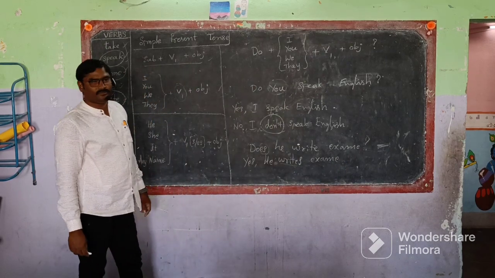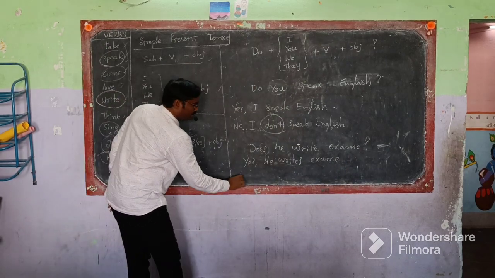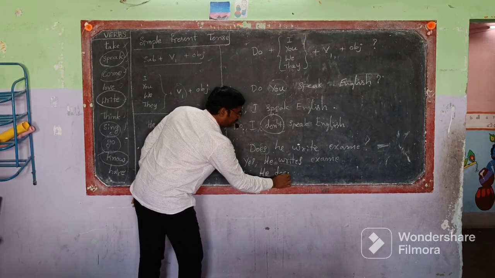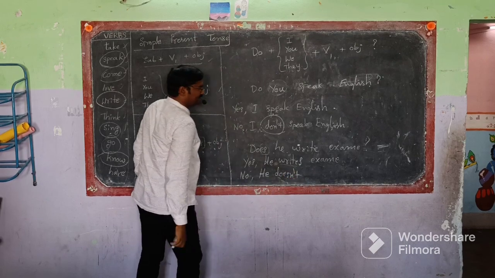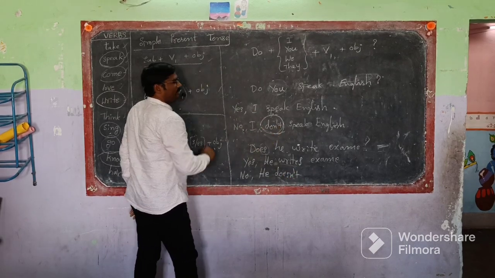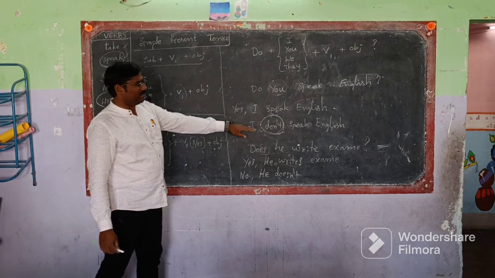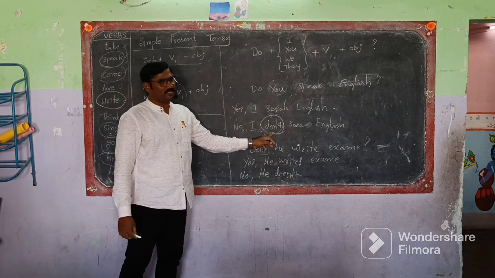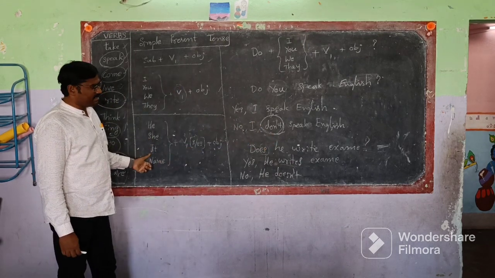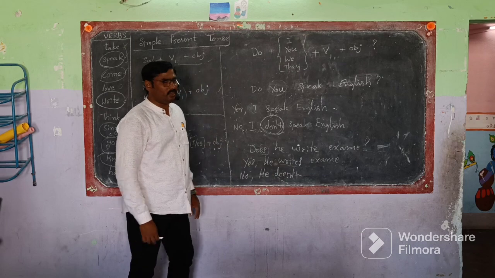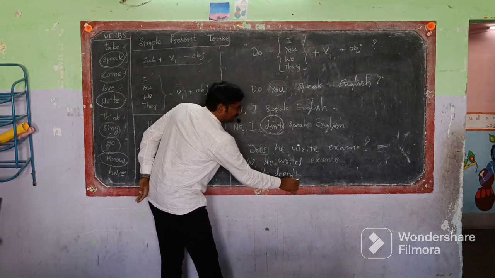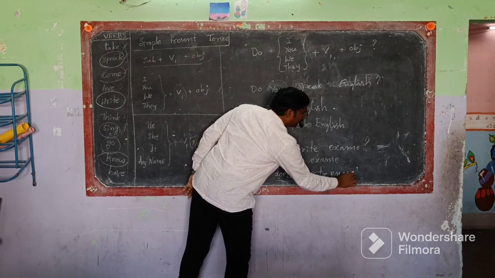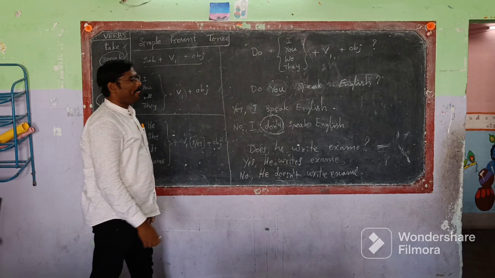Negative sentence: he doesn't write exam. For the pronouns I, you, we, they, we use don't. For he, she, it, and any name, we use the negative word doesn't. That's it.